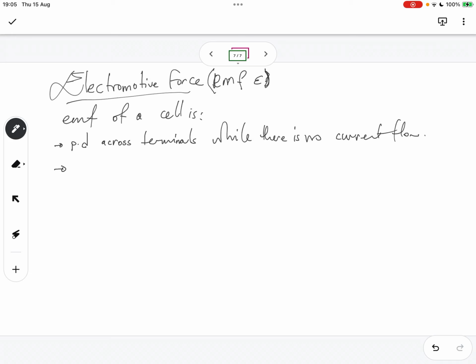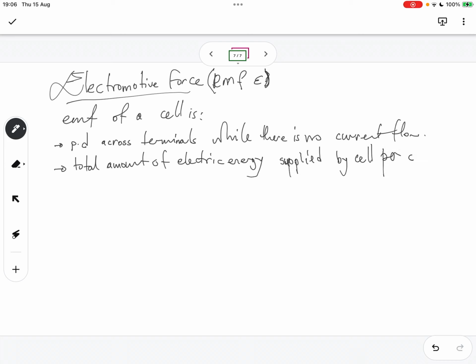And then secondly, it is the total amount of electric energy supplied by the cell per coulomb of charge.